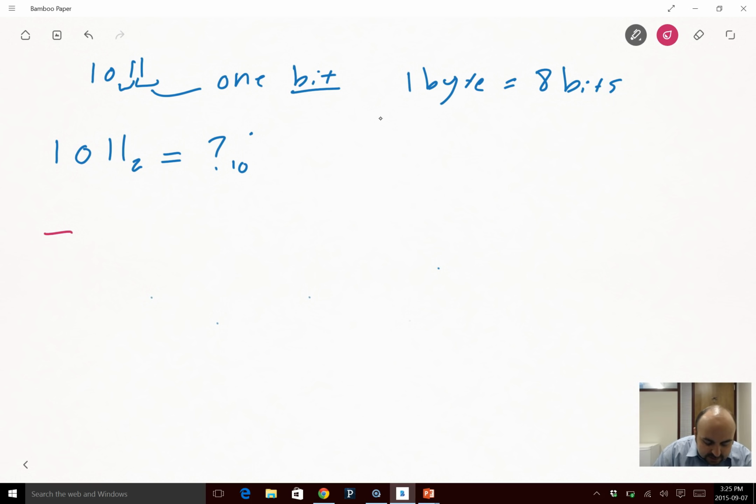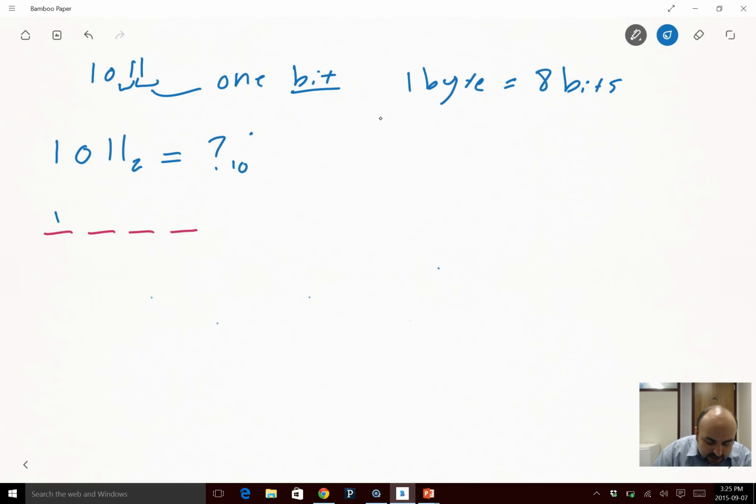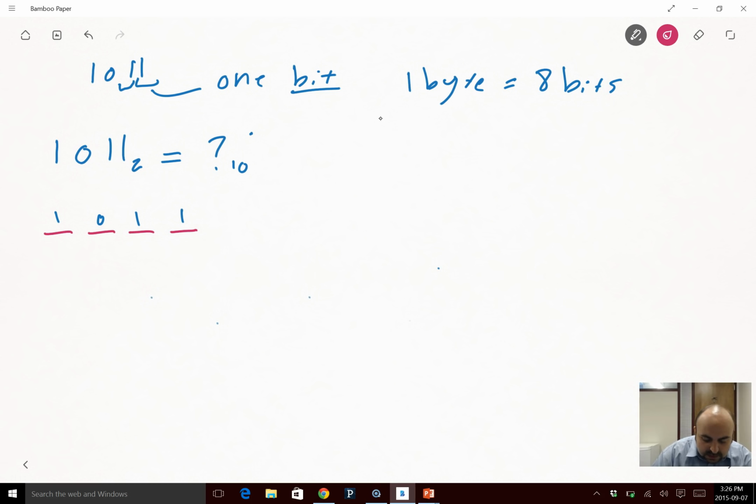So we have 4 spots because we had 4 bits, right? And so we have 1, 0, 1, 1. Here is the first spot. So we start counting from 0: spot 0, spot 1, spot 2, and spot 3.